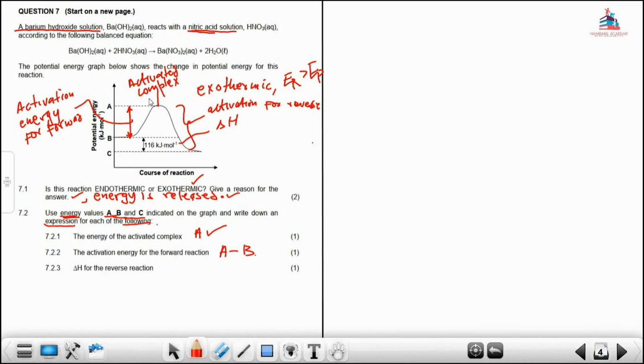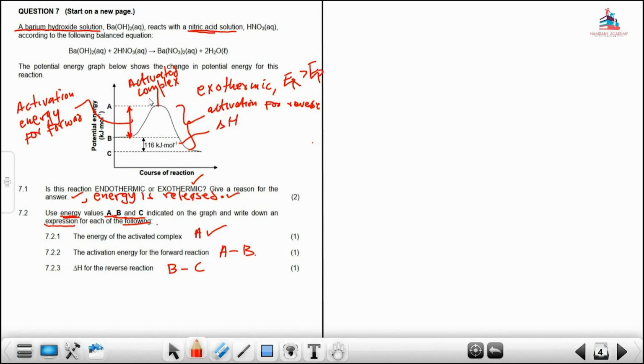Delta H, not the activation energy. Remember, the activation energy starts at C and moves all the way to AC. That is the activation energy for the reverse reaction. But we are interested in delta H. BC. BC, 100%.